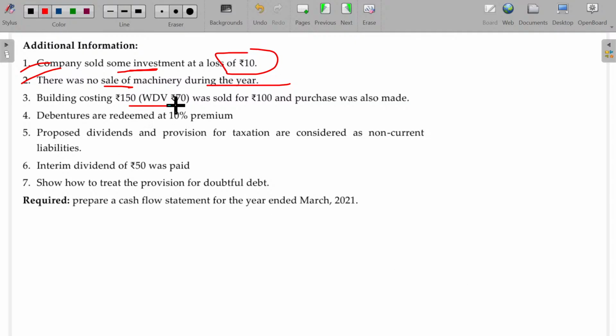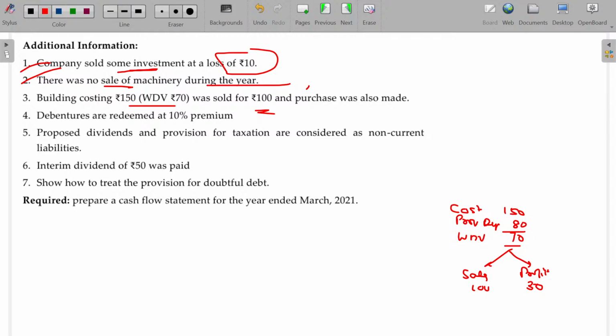Building costing 150, WDV being 70. What does it mean? The accumulated depreciation on this from the date of purchase to the date of sale being 80, was sold for 100, and you got around 30 rupees excess, so this will be called your profit.